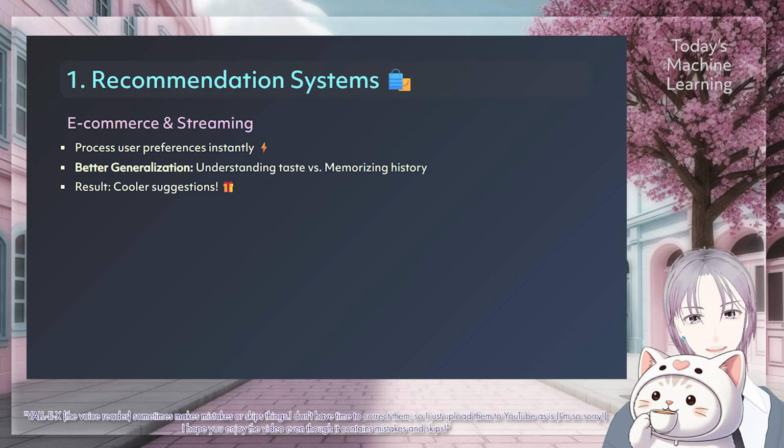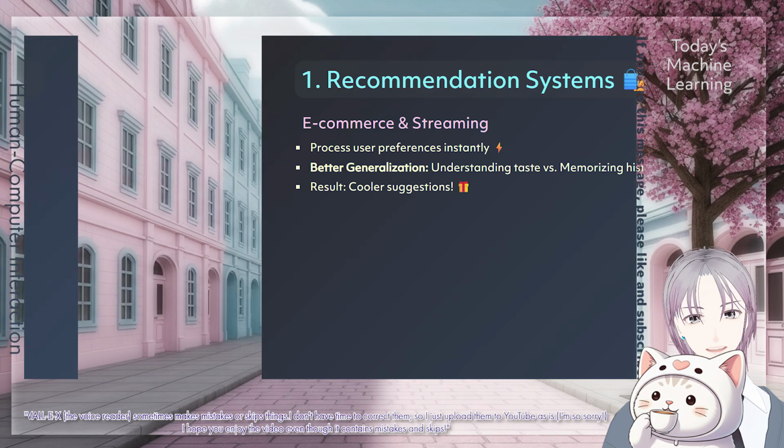To do this, the AI has to process millions of user preferences instantly. If you use Derf instead of heavy normalization, these systems can become more efficient. The paper shows that Derf helps the AI generalize better, which means it does not just memorize what you bought yesterday, but it truly understands your taste.